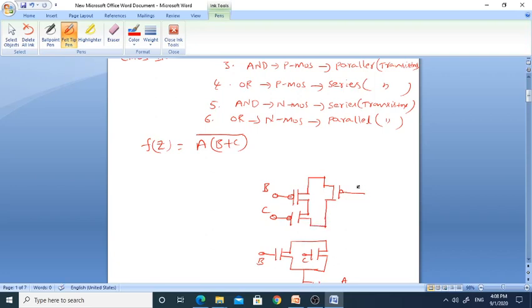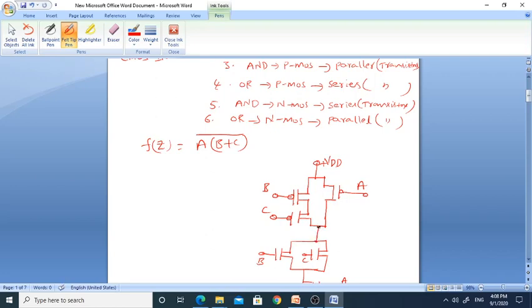This is A. Now we are connecting VDD here. This is the A input. So the implementation of the PMOS transistors is over, and we are joining these two.